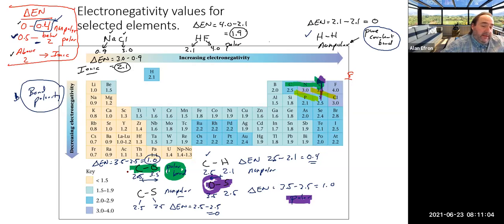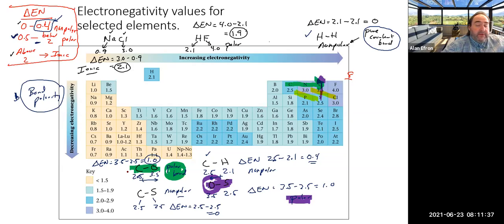We could also use what we're looking at here on the screen, where we finished up last time, which is the electronegativity values. Remember, Pauling assigned electronegativity values for all the elements, running from about 0 to 4, with 4 being the most electronegative, and that's fluorine in the top right corner of the periodic table. You can take the electronegativity values and subtract the two values from the bond that you're looking at.